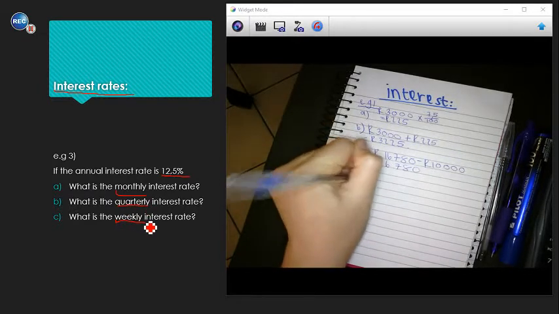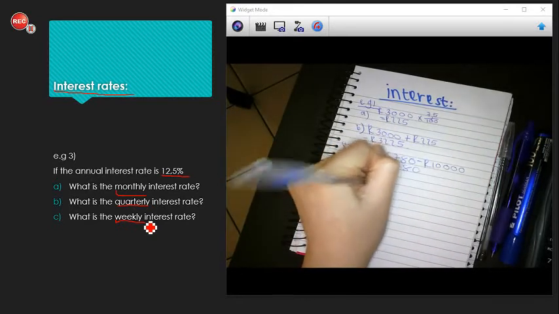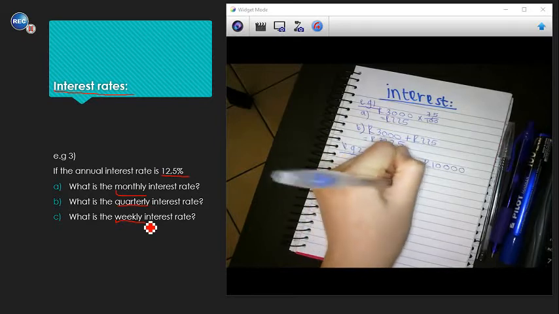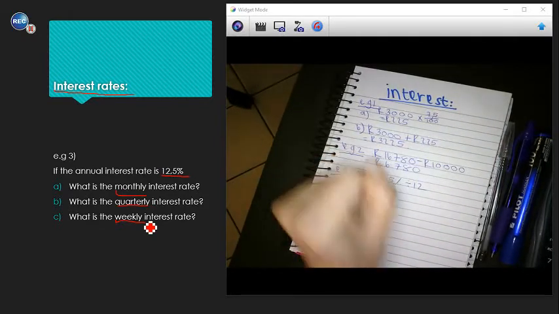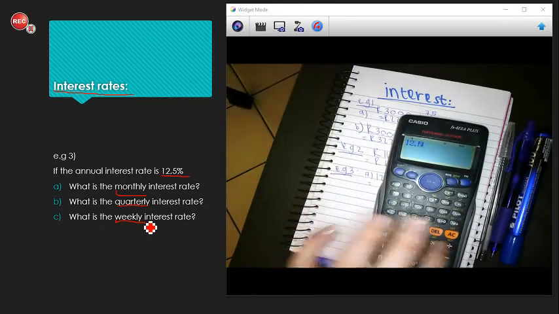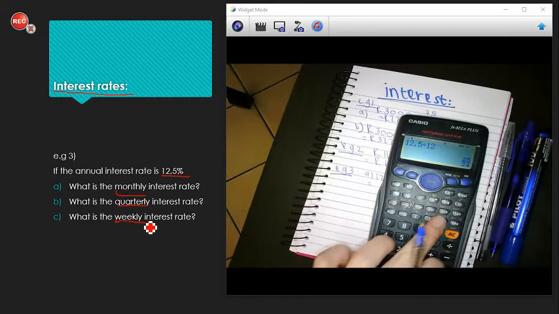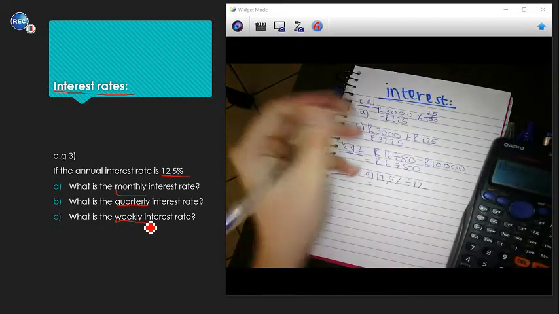So that's nice and easy. If we need to work out the monthly interest rate, it will be 12.5%, and we'll divide it by 12 because there's 12 months in a year. And when we do that, it will be 1.04%.